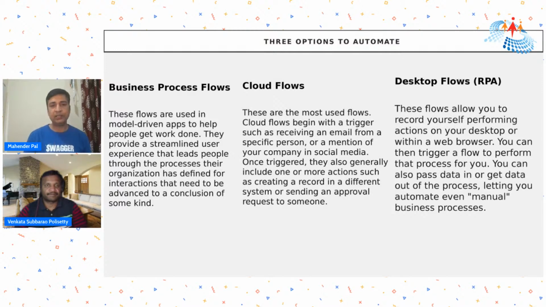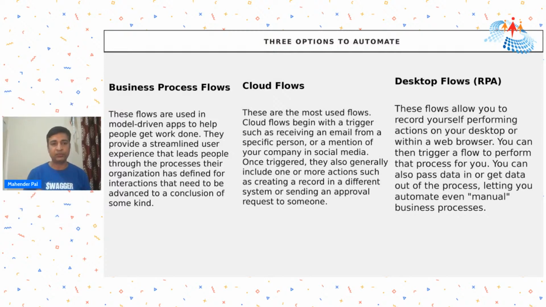You might have seen in our earlier session, we demonstrated lead management and opportunity management. You might have noticed we have a process bar there. That process bar we can design here, creating different steps, and it graphically represents the status of your record right now, what state it is in. That kind of thing we can build using the business process flow.